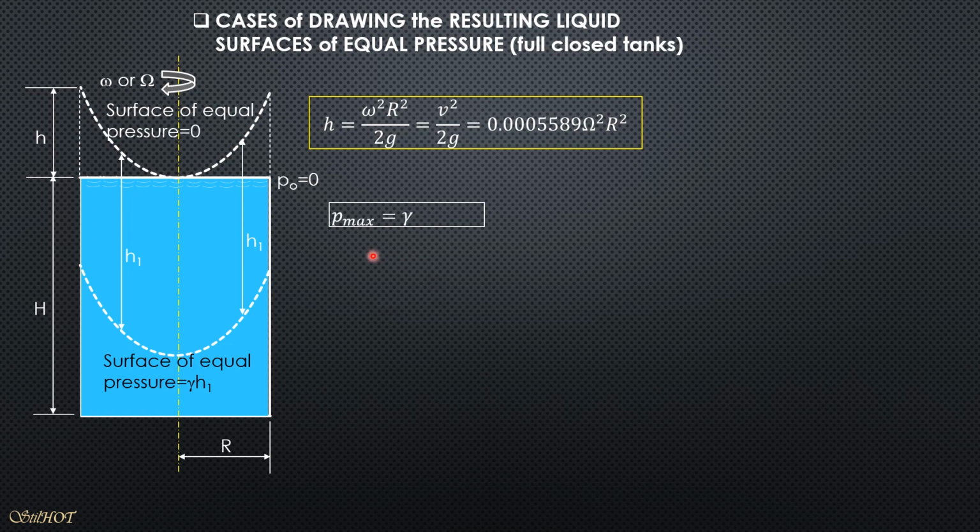So Pmax occurs at the periphery on the bottom, and it is equal to gamma of this liquid times quantity small h plus big H. The pressure at the bottom center is just gamma times big H.